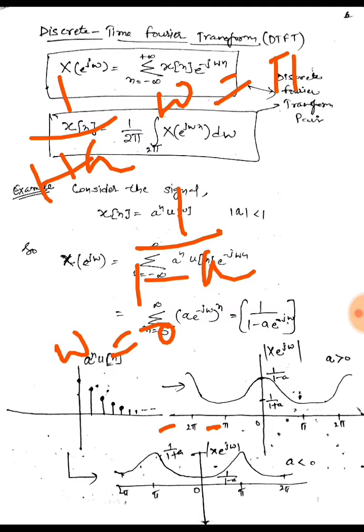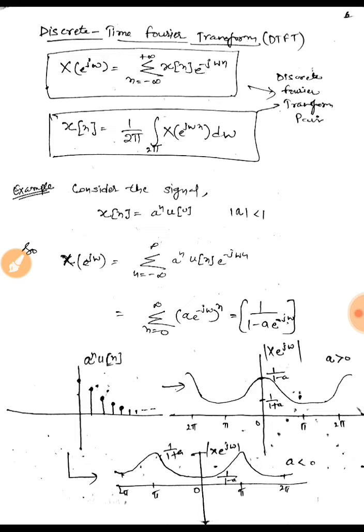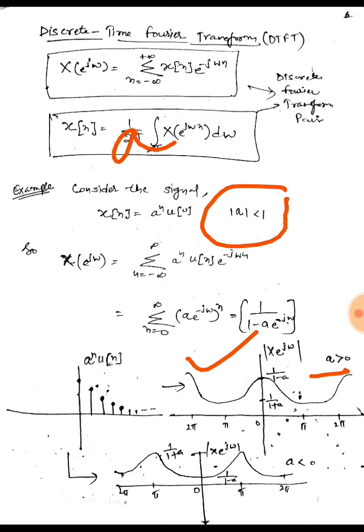Okay, so this is our function in frequency domain, and this is for a greater than 0. If a is less than 0, since we have a less than 1, a can be from minus 1 to 1.